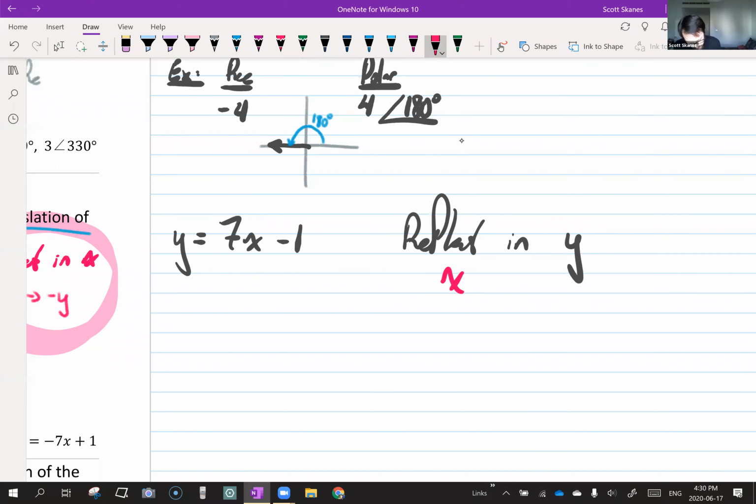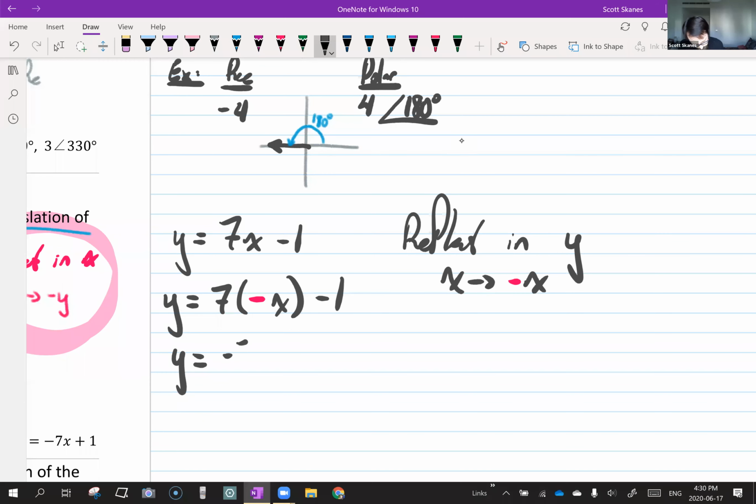So your x now turns into negative x. Just to be clear here, you're adding a negative in front of the x. Nothing else changes. You don't change the sign of everything, you only change the sign of the x. Which is not the same function. Clear?